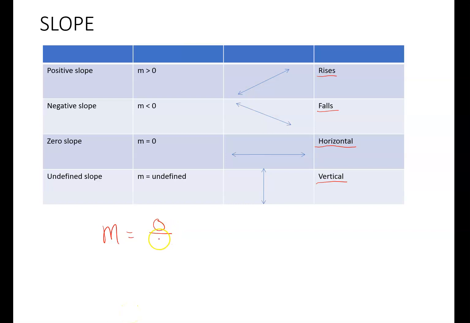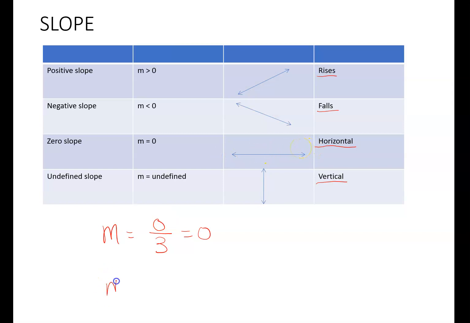We'll just say 3. So that would turn out to equal 0. But to get 0 on top means the y values have to be the same. And if the y values are the same, your line is horizontal.